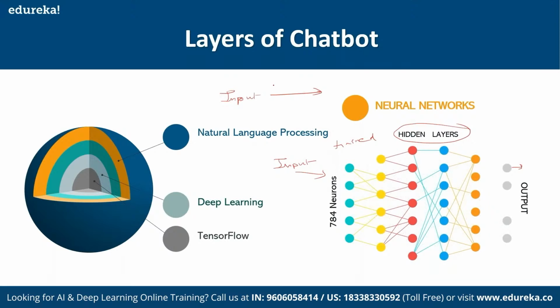Your input is there, you have a neural network in which the input is passed, and from that you get an output. Okay, now these are all mathematics, right? There is a lot of mathematics happening between this. What happens is you have an activation function, you have a weight, you have a bias added to it. A lot of mathematics goes inside whenever a neural network is being trained.